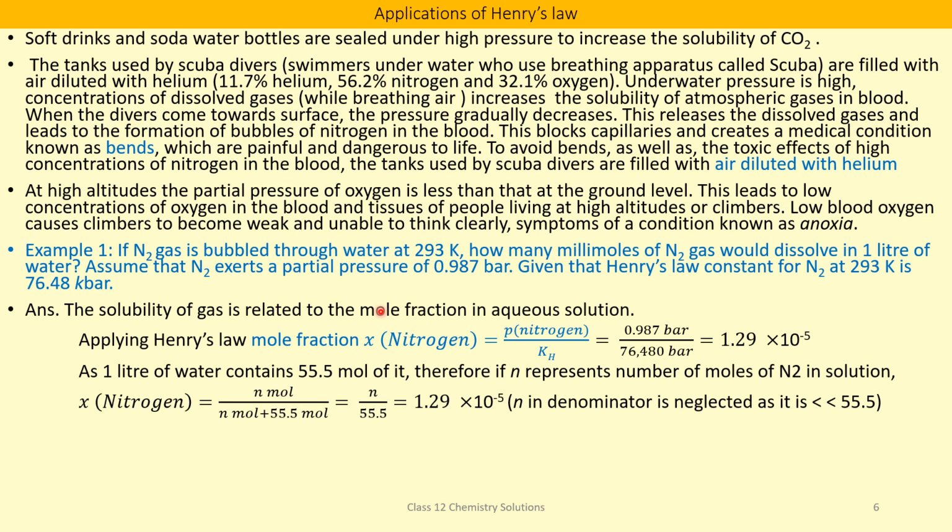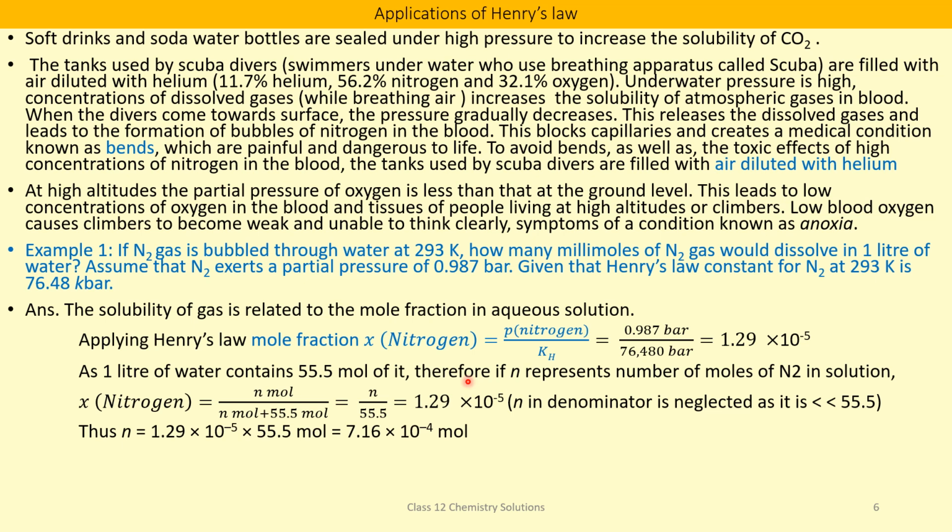Therefore, X of nitrogen will be equal to n mole divided by n mole plus 55.5 moles of water, equals n divided by 55.5, because n moles of nitrogen is very small, hence n mole can be neglected. It becomes n by 55.5. Simplifying, we get 1.29 into 10 to the power of minus 5.